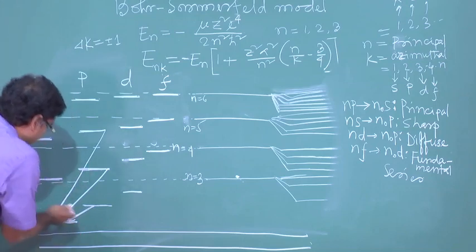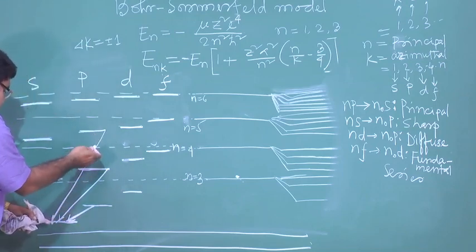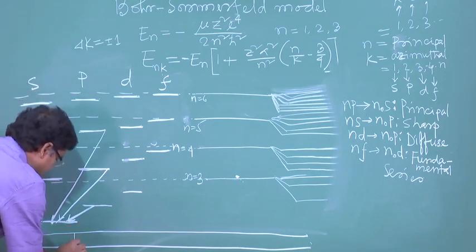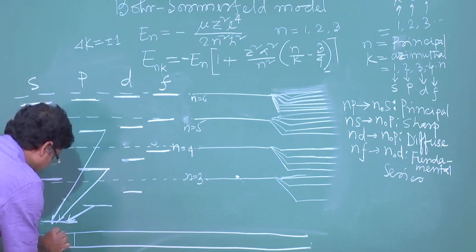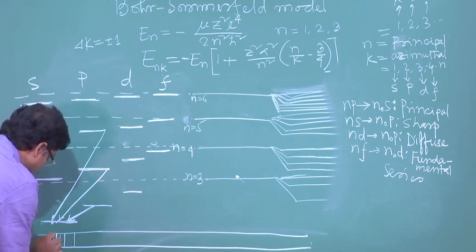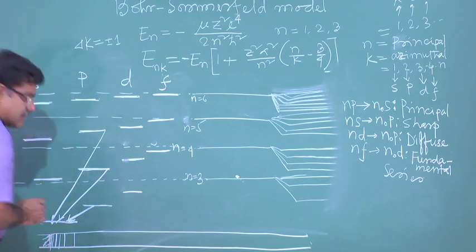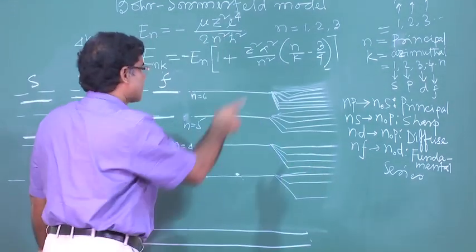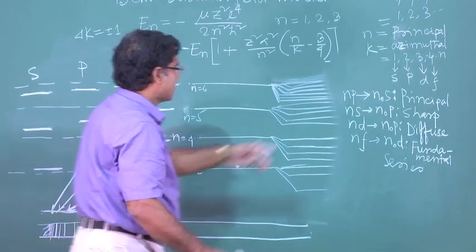These lines have smaller and smaller wavelengths. So, basically you will get a series, okay. It has a series limit, as in the hydrogen series. So, this series is called the principal series. Now, then S to P.